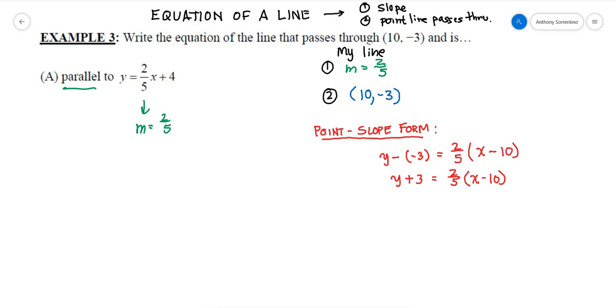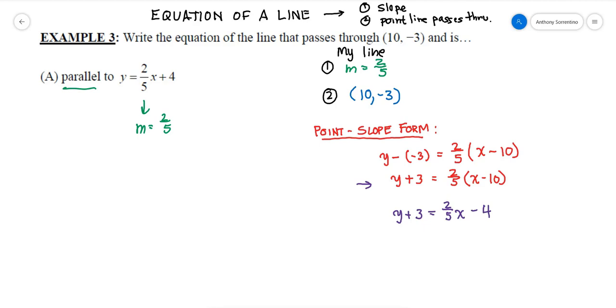However, if you wanted to put it into a particular format, say you wanted to put it in slope-intercept form, all I have to do is solve this for y and simplify it. So going further with this, y plus 3, distributing the 2/5, I'm going to have 2/5 x minus 4, because 2/5 of 10 is 4.